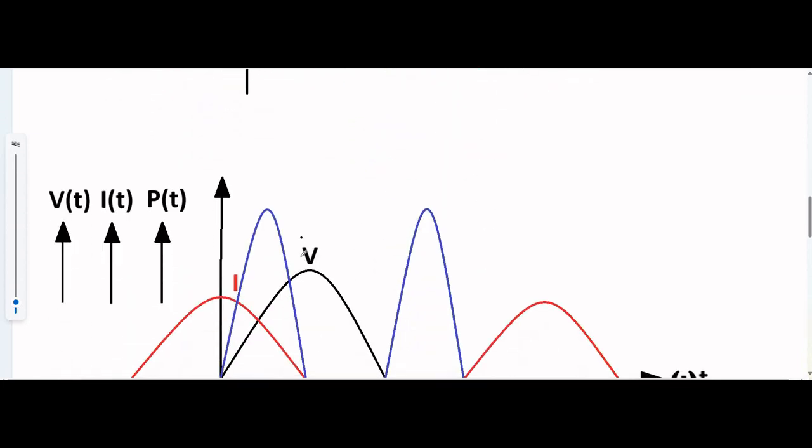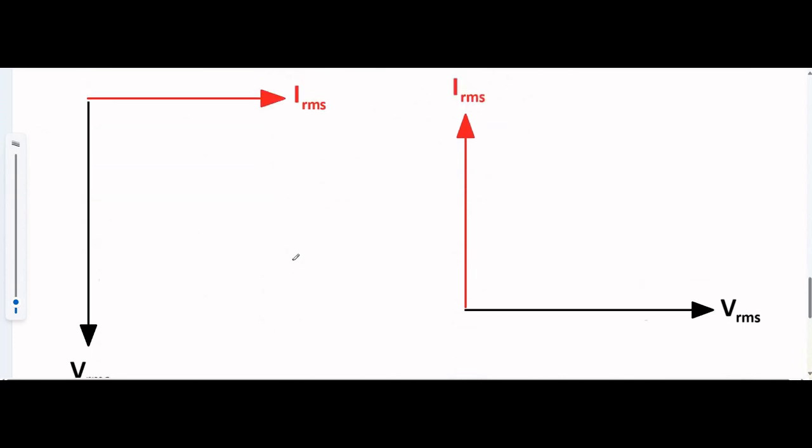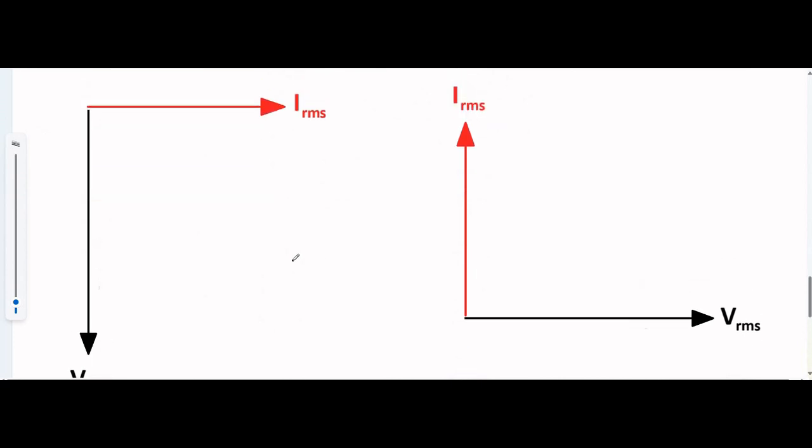Now for the phasor diagram, there are two ways in which we can express it. First, consider the right hand side. We take Vrms as reference.